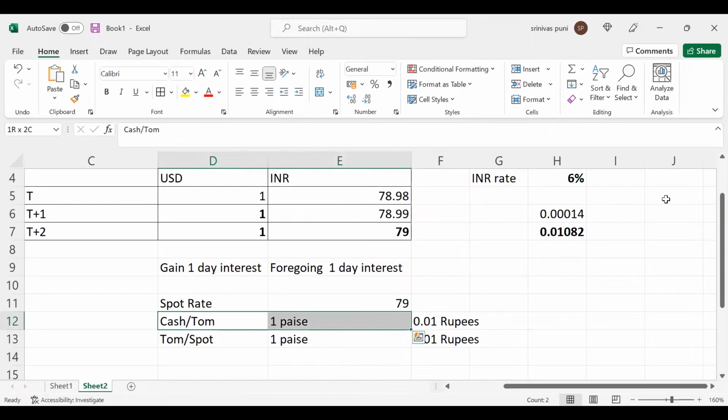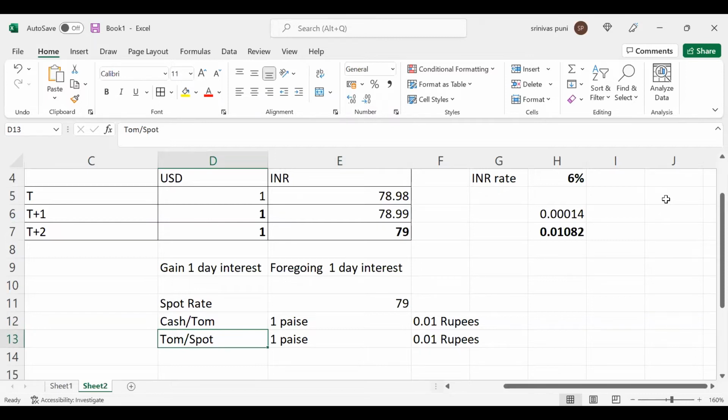The cash term rate is, instead of term settlement, that is T+1 settlement, if I want to settle today itself, what is the difference? The difference is 1 paisa. Similarly, term spot means, instead of the spot date, if I want to settle it today itself, that difference between spot rate and the term rate is quoted as term spot.